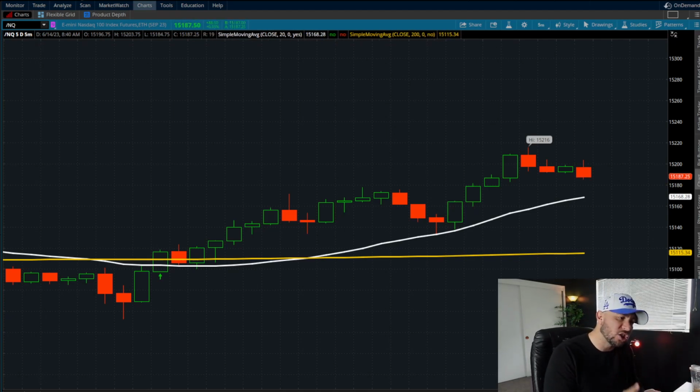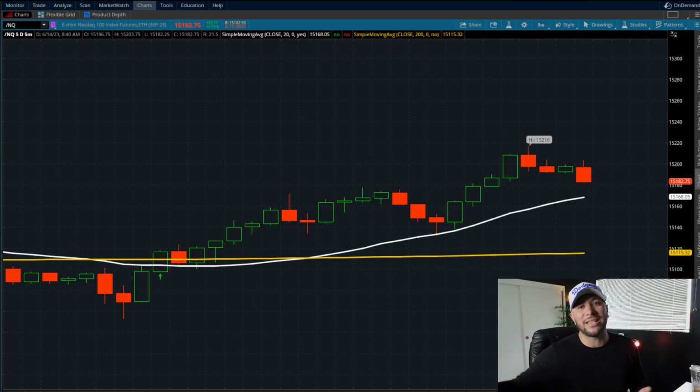And then you can slowly and gradually start to increase your size. Now, people don't like to do this just due to the fact that when you trade small size, you make smaller profits, and everyone wants to hit the big home run and make $3, $4, $5, $10,000 in a day.